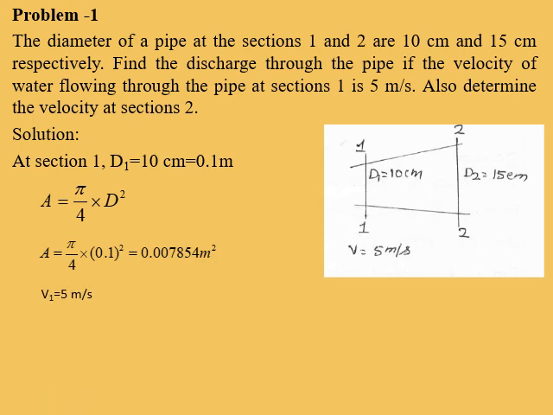At section 2-2, the diameter is 15 cm, that is 0.15 meter. Once again from the area formula, calculate the area at section 2, that is equal to 0.01767 meter square. So now the areas are calculated at these two sections.